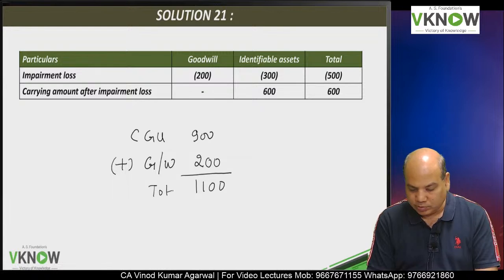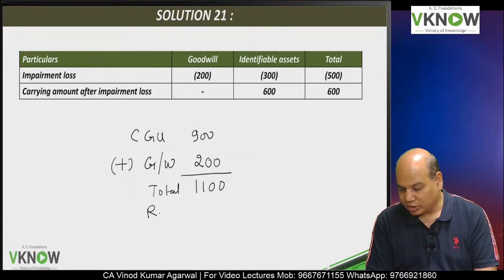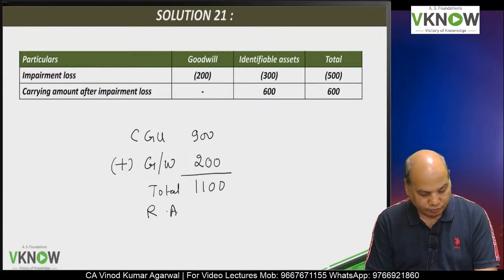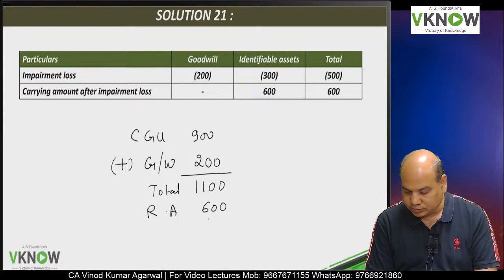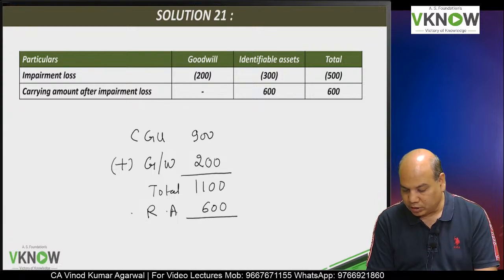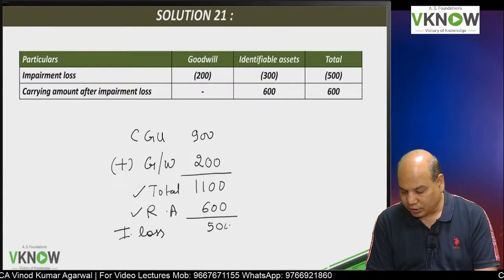This total will be compared with the recoverable amount, which was 600, and if the recoverable amount is lower than the total, there is an impairment loss of 500.